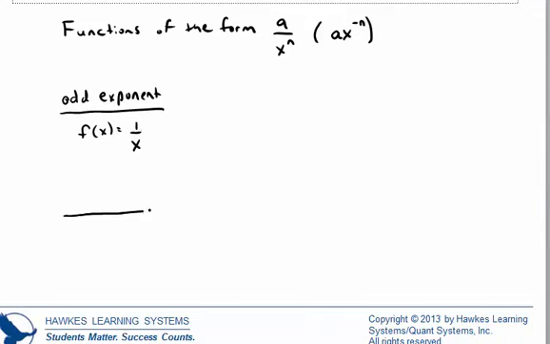And so the graph will look like that. And what happens as you increase that odd exponent, so 1 over x to the third or 1 over x to the fifth, the curve around the origin sharpens, but the same shape of the graph is maintained.